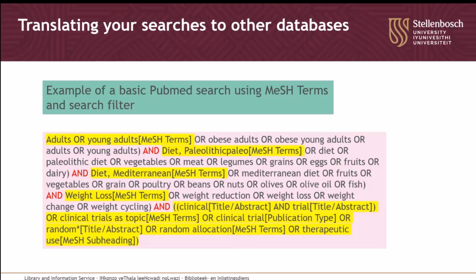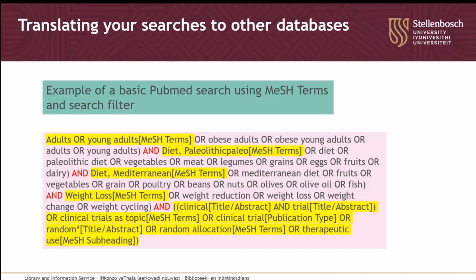All right, and right at the end, remember I talked about only searching, if it's a systematic review, for randomized controlled trials, cohort studies, or any of those. The last part that I highlighted there is a search that you'll find in PubMed, developed by the National Library of Medicine.